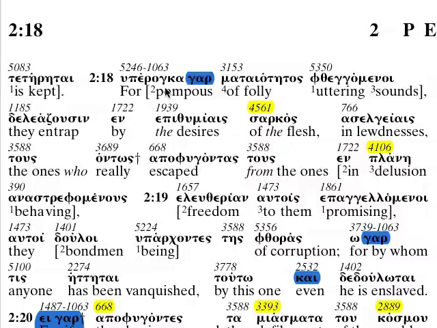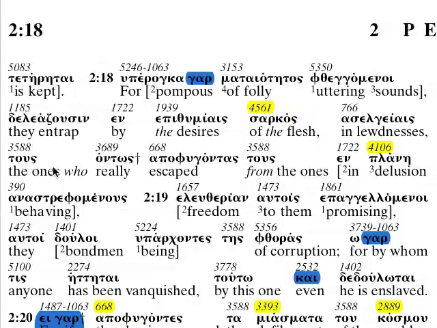2:18, Huperonka gar mataiotetos phthengomenoi, deleazousin en epithymiais sarkos, aselgeiais, tous ontos apophygontas, tous en plani anastrephomenous, for uttering pompous sounds of folly. They entrap by the desires of the flesh, the sarkos, in lewdnesses, the ones really, and I put the 'really' in italics, who escaped from the ones behaving in delusion.